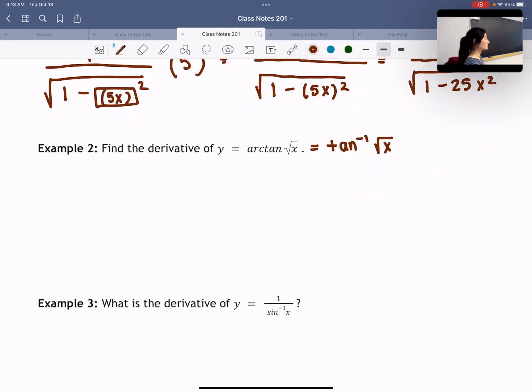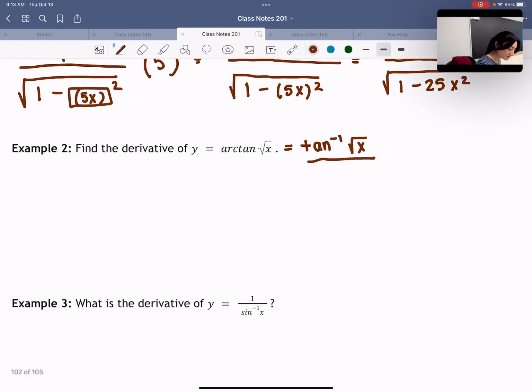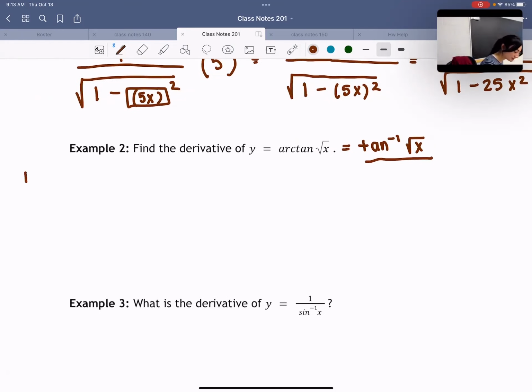Product rule, quotient rule, or chain rule, right? Because there's an inside, the square root, and then there's an outside, which is the tangent or inverse tangent, right? Okay, so let me write this out real quick. We've got the inside function, which I kind of just gave to you, but it is the square root of x, right? And the outside function is the inverse tan.